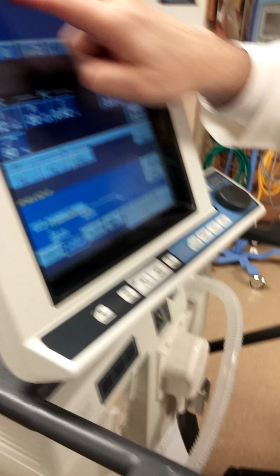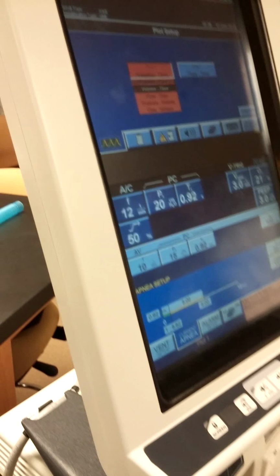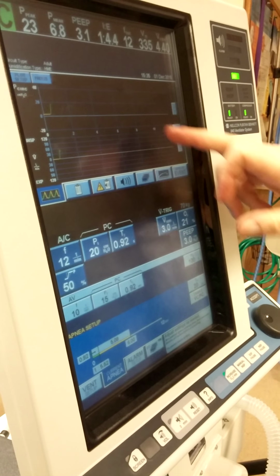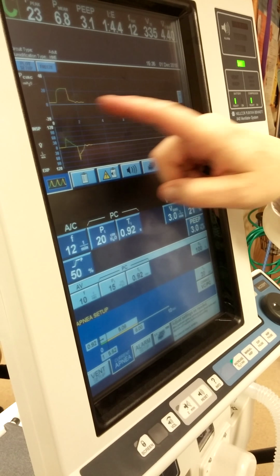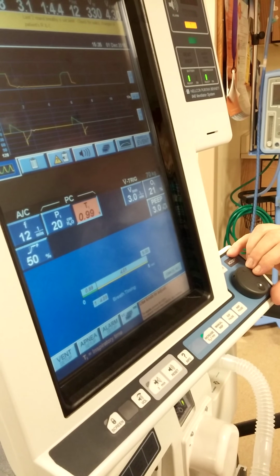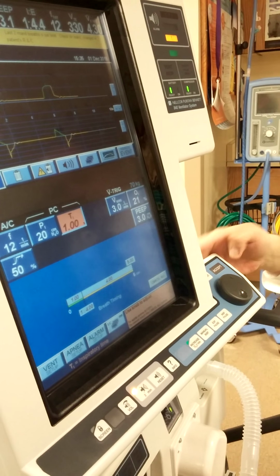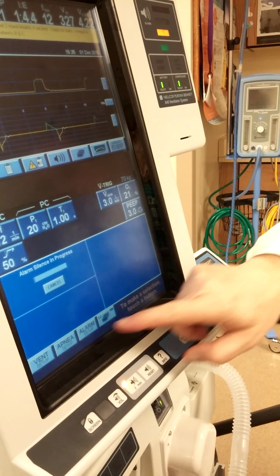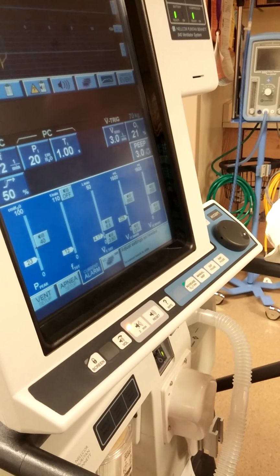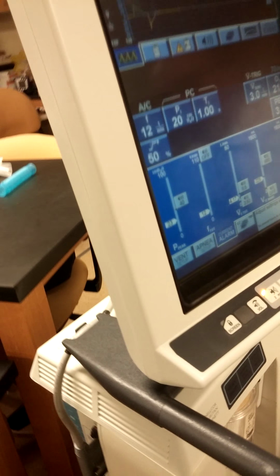So again, what we're looking at here is a pressure controlled breath, inspiratory time of, let's say, 1 second. And every time the patient would trigger, I'm going to do a trigger there.